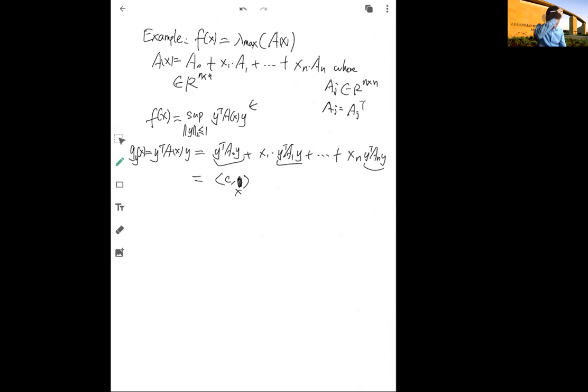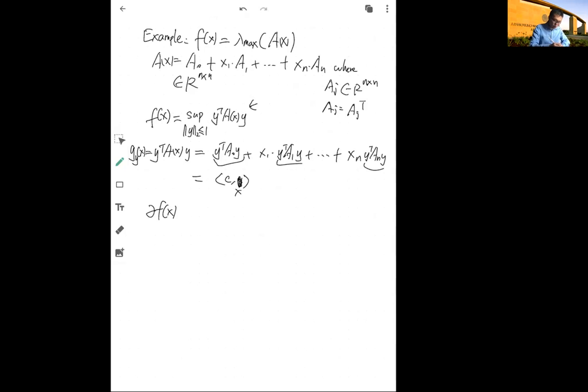Now that we've shown that f(x) is convex, let's derive its subdifferential by applying the rule of pointwise supremum. Let's derive what this partial f(x) is.